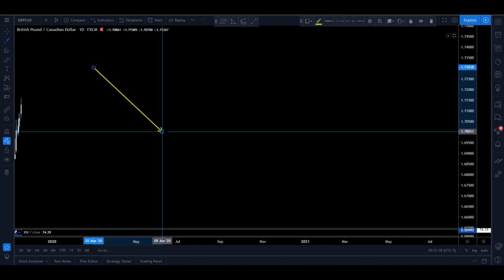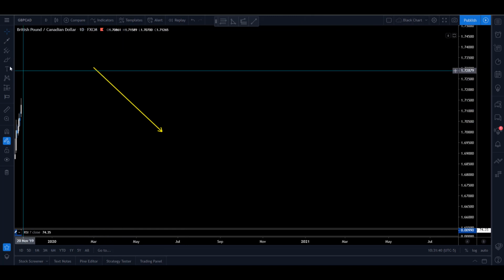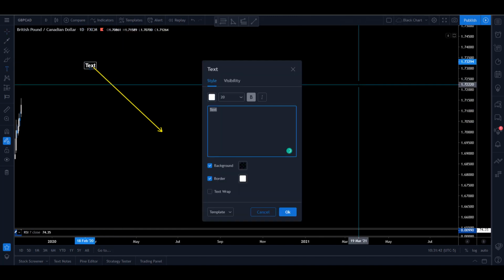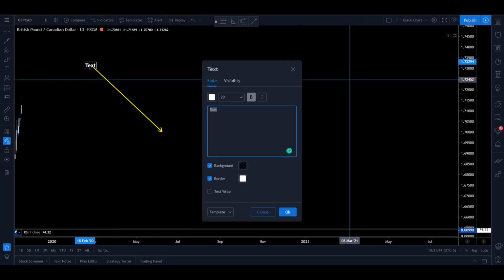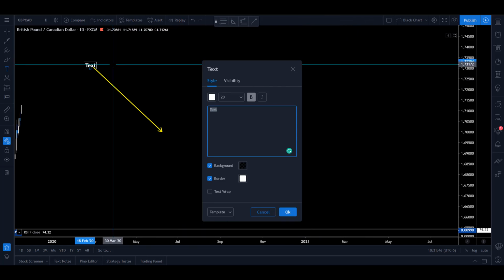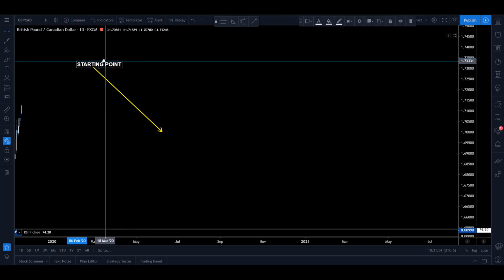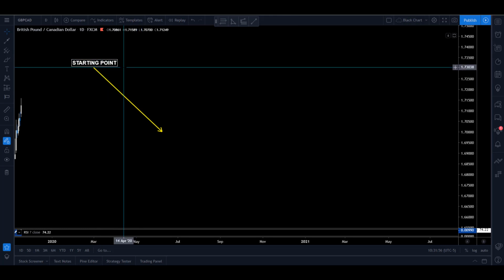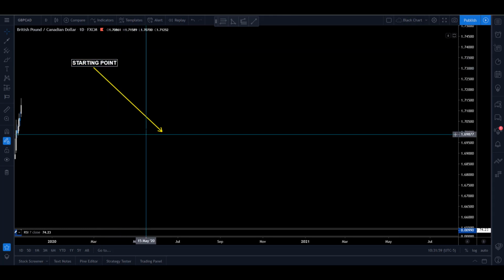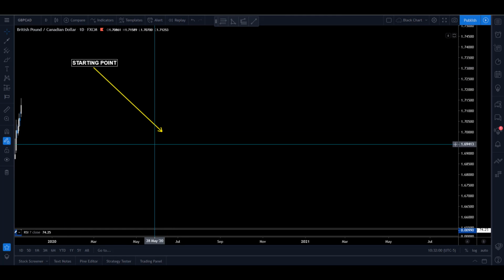So our first move is here, right? What should we label this point? Starting point. Sounds like an awesome name for like a webinar. Starting point. All right.